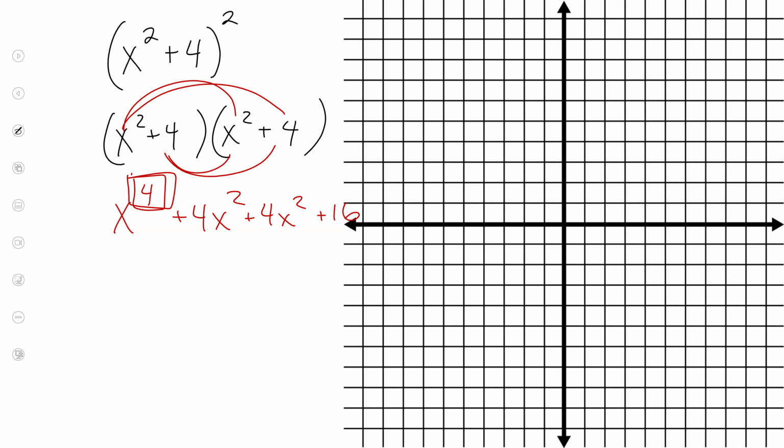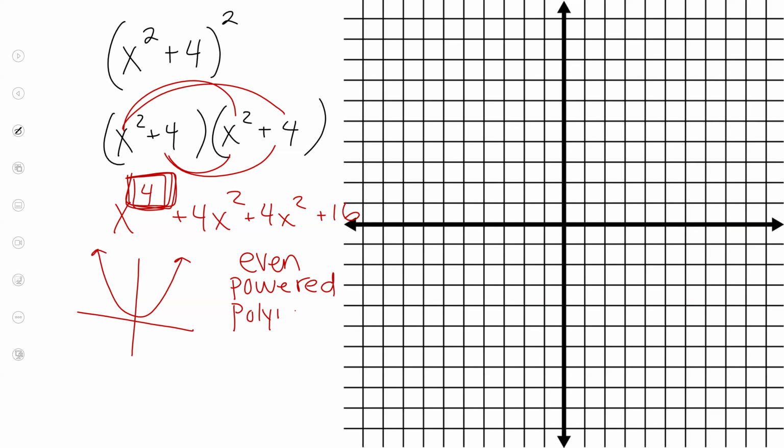This is your leading degree. If this is even, that means you are going to have a U-shaped graph if you have an even power. Okay? Write this down somewhere because it's important. Even powered polynomials have the same end behavior.